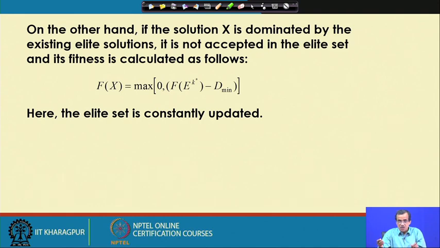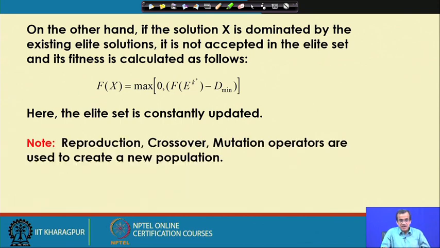As I told you, this process will go on through a large number of iterations. And of course, we use operators like crossover and mutation to modify the population of solutions, and this completes one iteration.